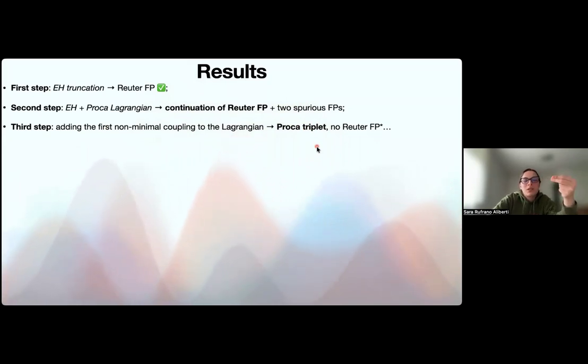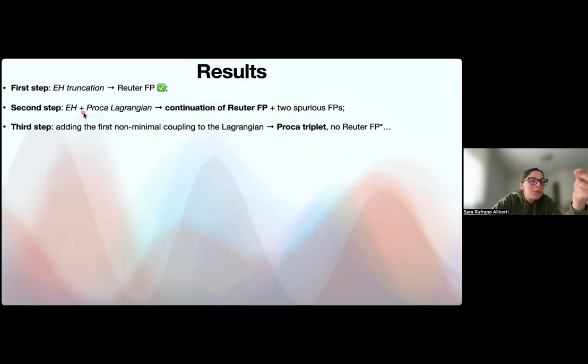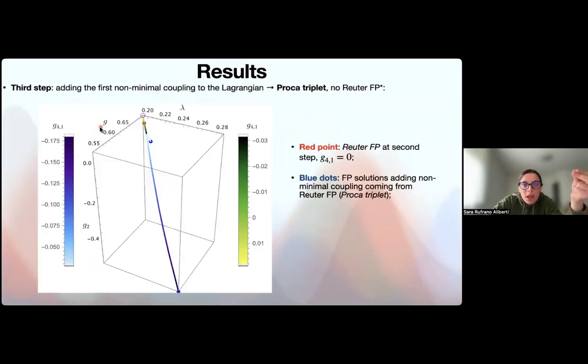In order to understand why the fixed point structure drastically changed from the second to the third step, we slowly activated this non-minimal coupling, the first non-minimal coupling added to the Lagrangian, which means that, as you might see from this plot, we started from the red point, which is the Reuter fixed point at the second step when G41 was equal to 0.